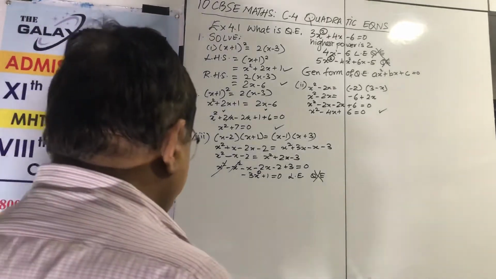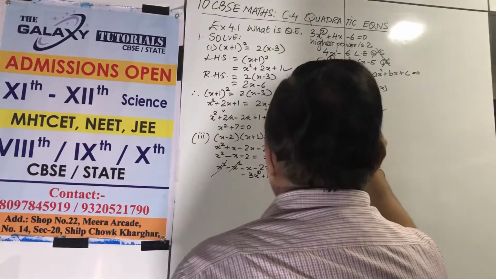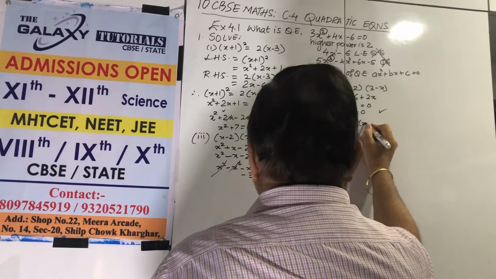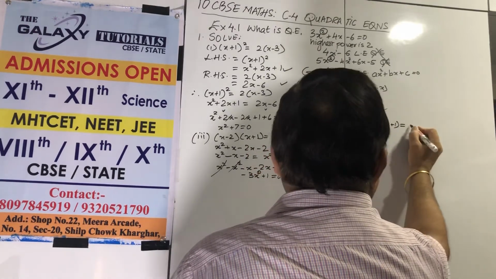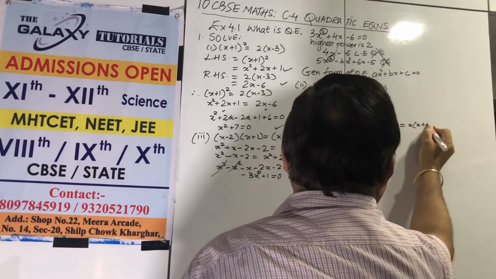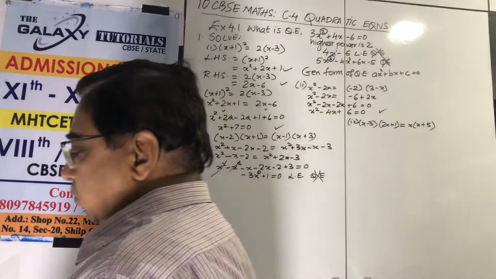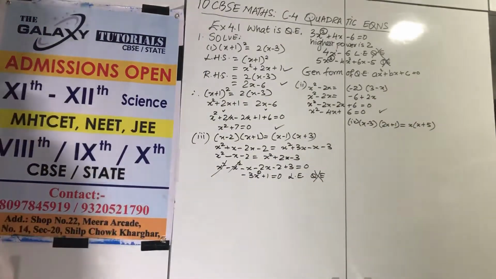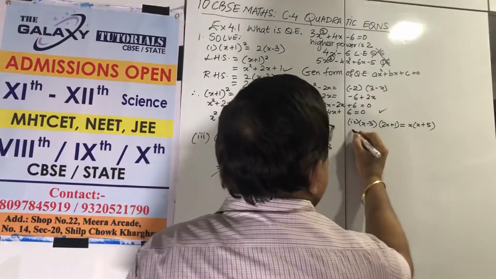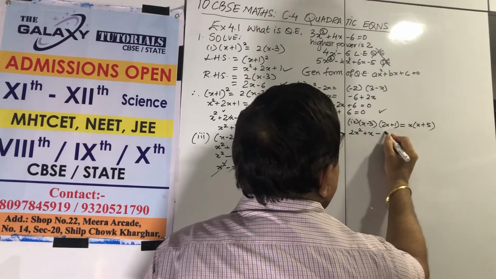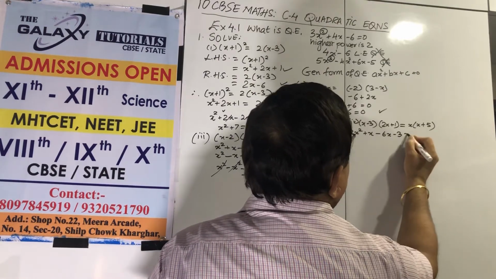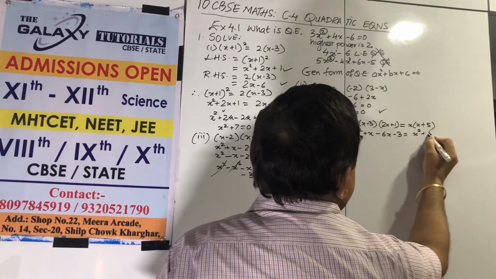We'll go for the fourth one. (x minus 3)(2x plus 1) is x(x plus 5). Opening out, 2x square plus x minus 6x minus 3 is x square plus 5x.